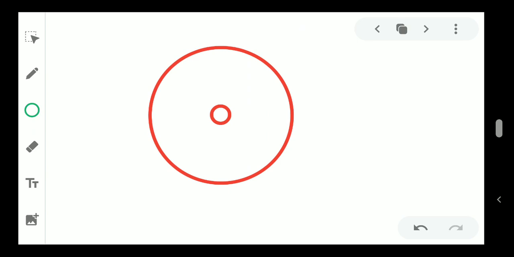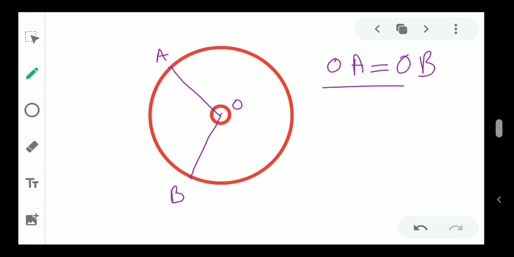The small ball is here, this is your position A, and this is your position B. Here OA and OB are both the same length.